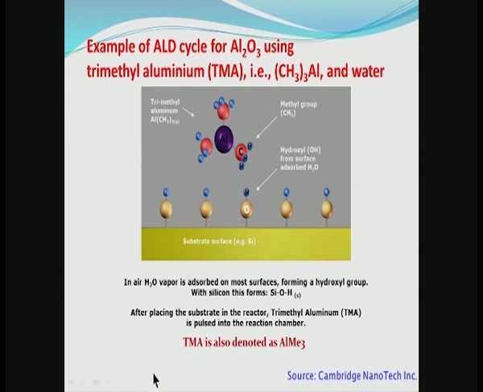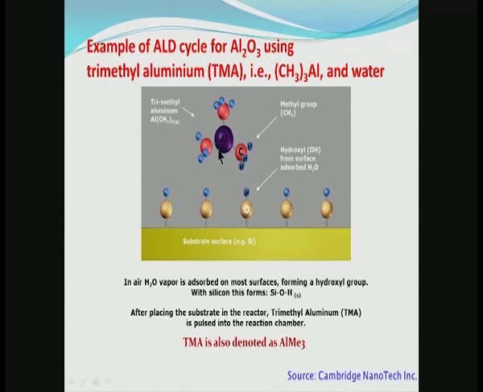What is shown in this cartoon is a substrate such as silicon, on top of which typically there is a hydroxyl group unless the pressure is very low, but CVD and ALD are done not at very low pressures, and therefore, one can expect these OH hydroxyl groups to be present on the silicon surface.